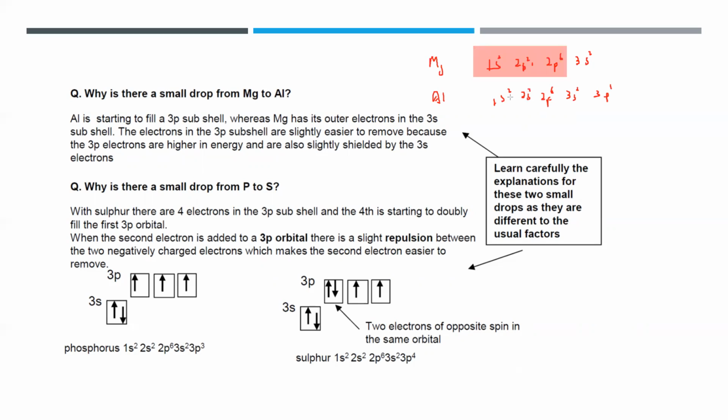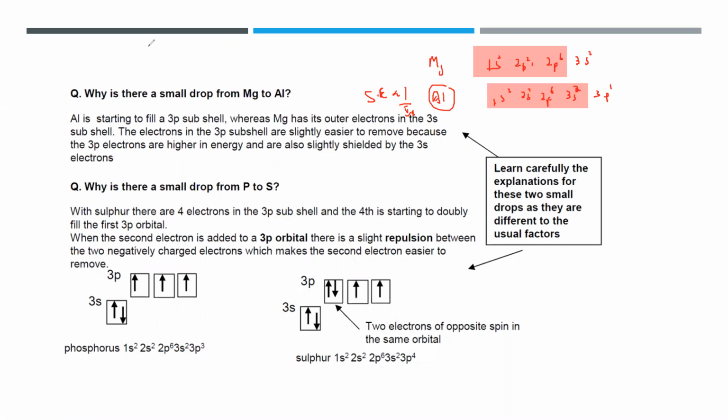When you leave the last shell and check how many inner shell electrons there are, here you can see 10 electrons. Here in this case, you see 12 electrons. So which one has a greater shielding effect? Aluminum will have a greater shielding effect. Higher shielding effect means lower ionization energy. The last shell electron in aluminum is in 3p, whereas in magnesium it is in 3s.